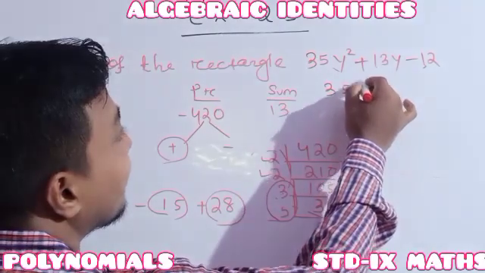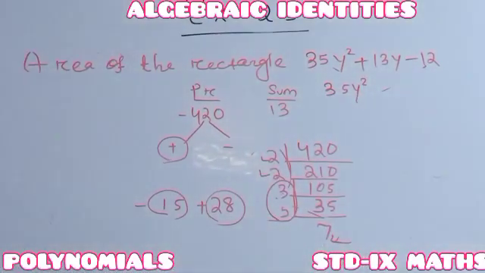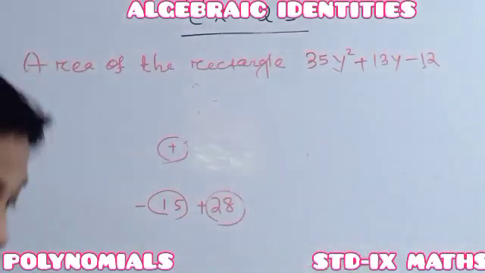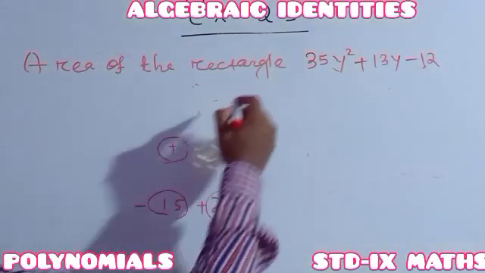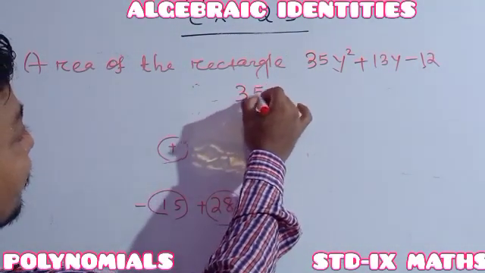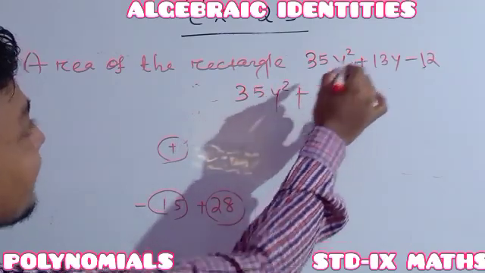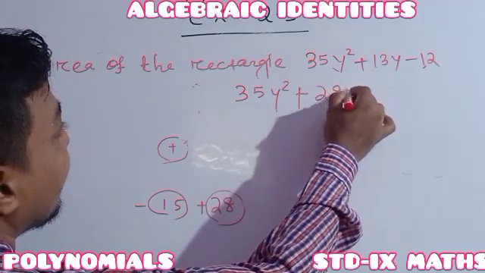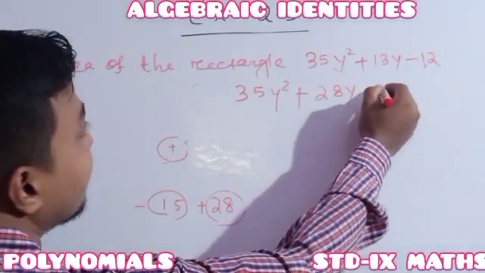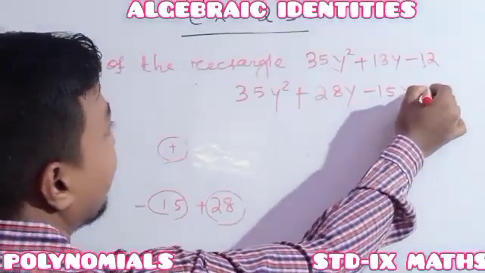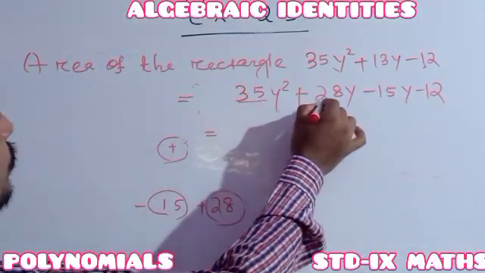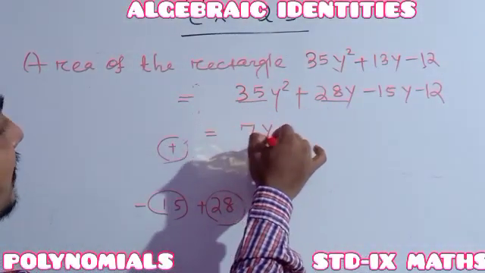35y², otherwise clearing the board. See, here 35y², here 13 I am breaking in the form of 28y minus 15y minus 12, which is equal to, from the first two I can take 7y as the common.